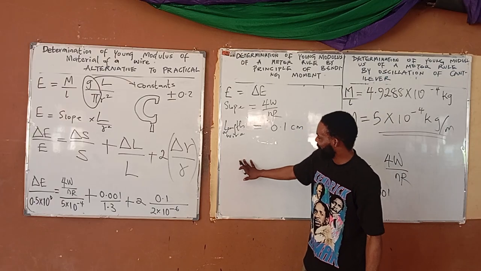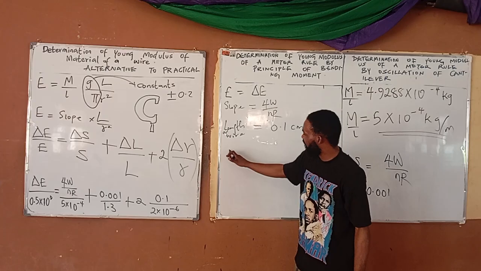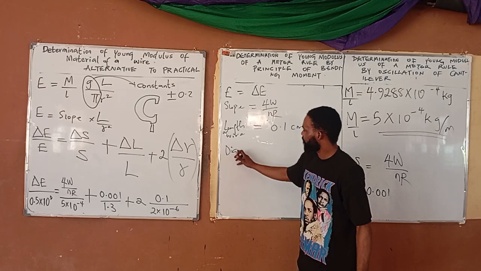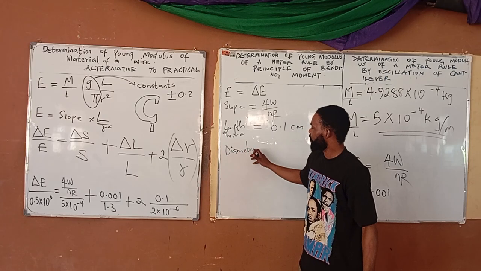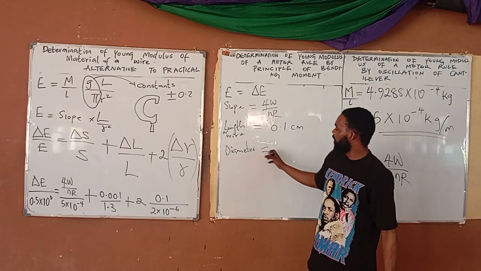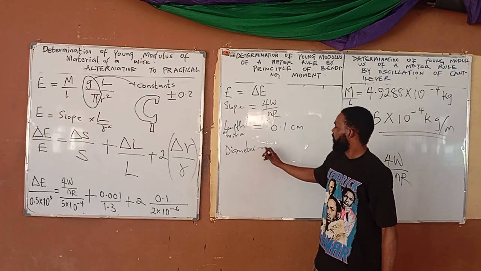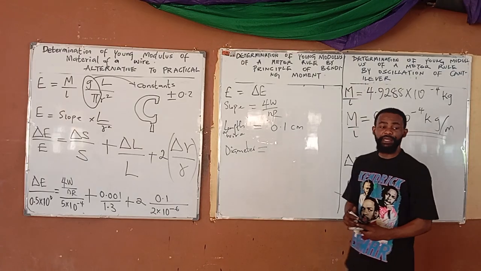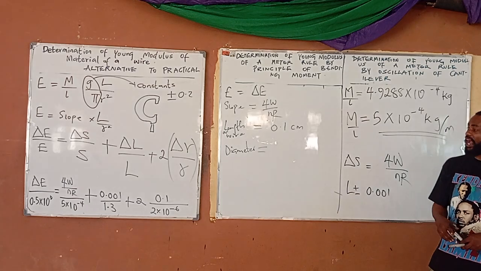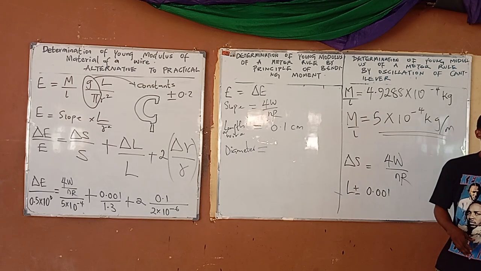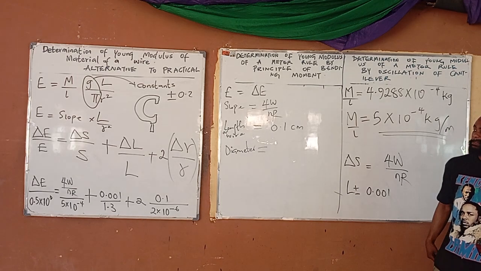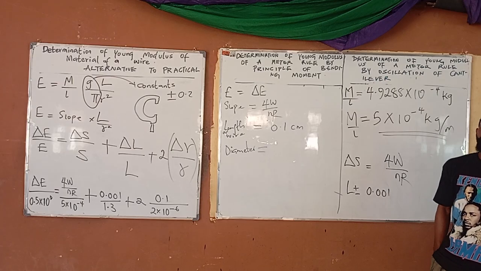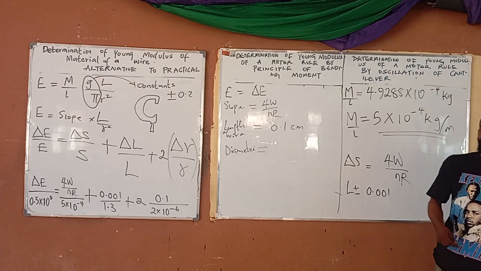Then the next one is diameter, and this diameter is the diameter of the wire, right? Check for me, is it the wire? Let's be sure. Is it the wire or the mass? Check the book.